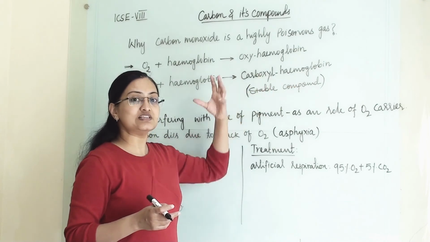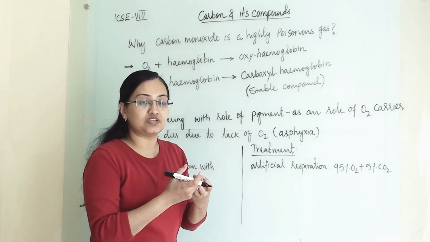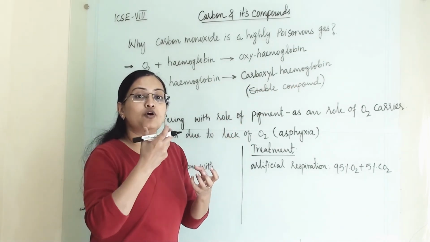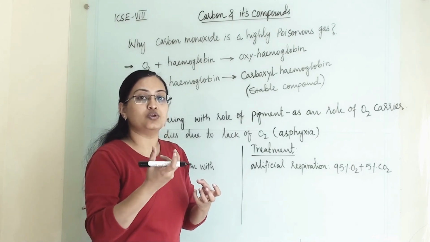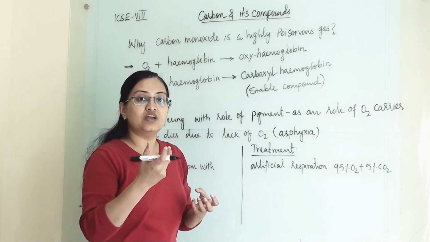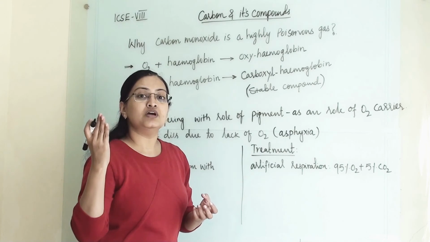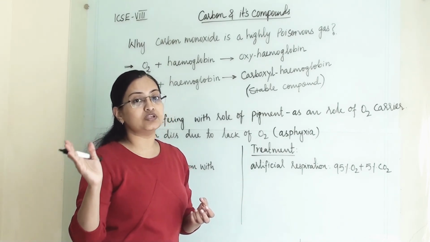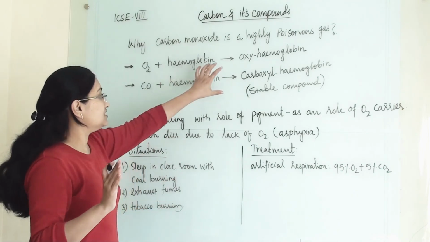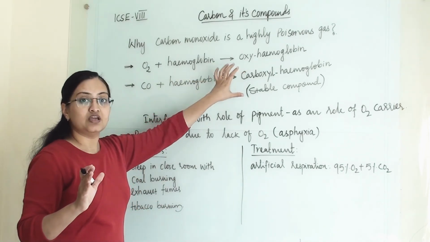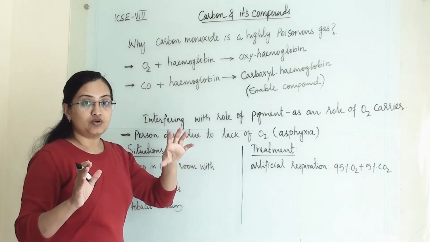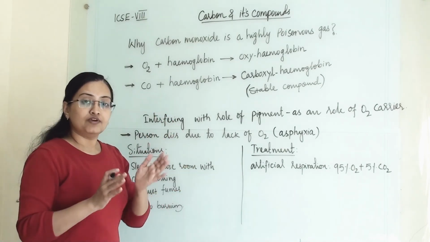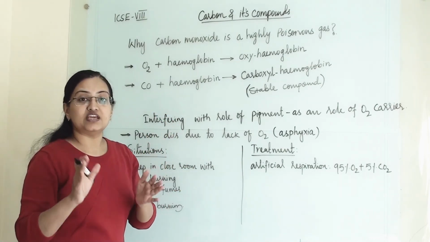And once hemoglobin reacts with carbon monoxide, it forms a stable compound, so that molecule of hemoglobin is no longer able to react with oxygen.